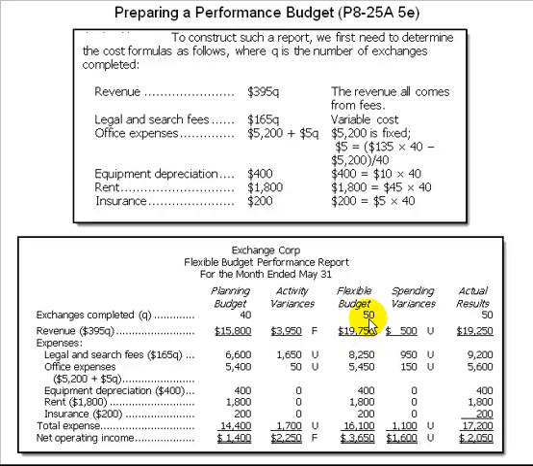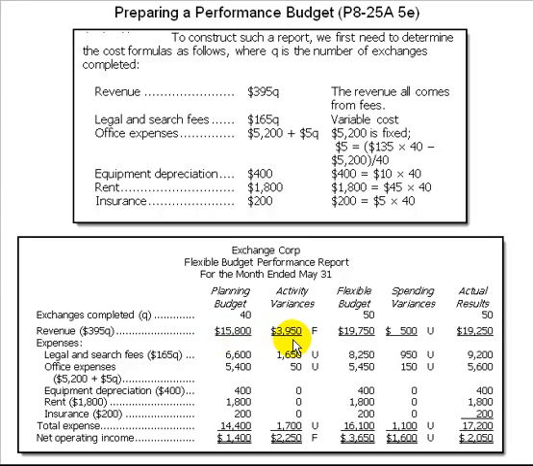If you take 50, the actual exchanges, times the 395, the planned revenue per budget, you come up with what the flexible budget would have been, which means what the budget would have been for this level of activity had we used the planning amounts. And then we compare the 19,750 to the 15,800, and that difference is 3,950.